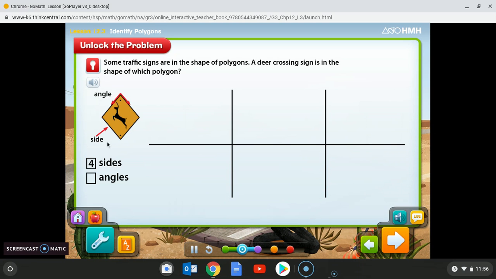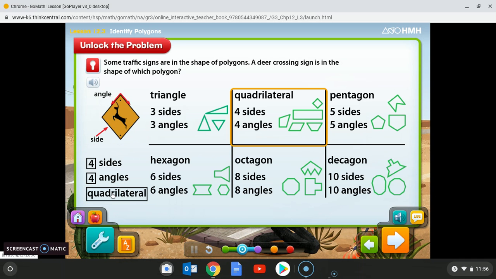Now that you know what angles are, which are vertices or also known as corners, we have 1, 2, 3, 4. 4 angles. So what is it called when it's 4 sides and 4 angles? That is called a quadrilateral. Quadrilateral. Quad meaning 4. See?